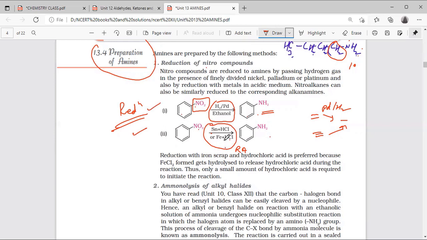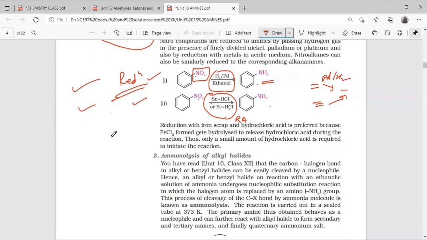Okay, 3 reagents we learned here: one is hydrogen with palladium, tin HCl, and iron HCl. From nitro compounds we can prepare anilines. Is it clear? You need to remember these 3 reagents.